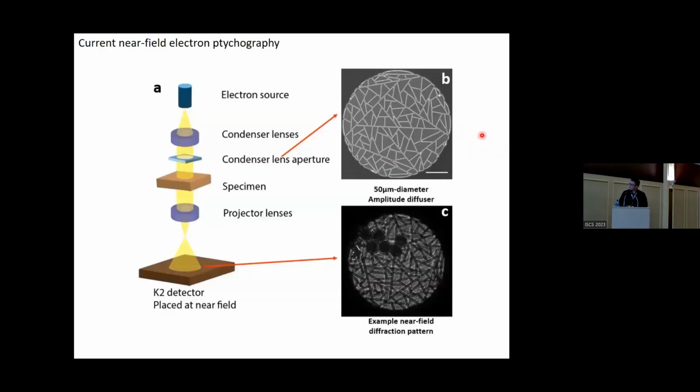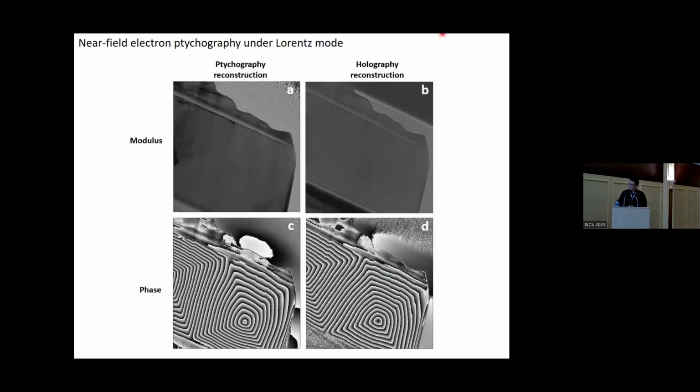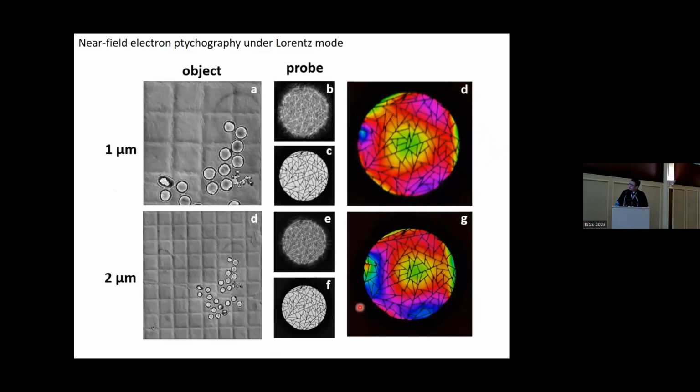And as for the magnetic reconstruction, because we are turning off the objective lens, which is the most powerful lens in the TEM, the resolution is quite poor. As you can see previously, there are some gold particles mounted on this carbon film, and previously we could still see those small gold particles, but we can no longer see them in this reconstruction. So I don't really know the exact resolution for this one, but it's probably lower than 5 nanometers, I guess. Sorry.